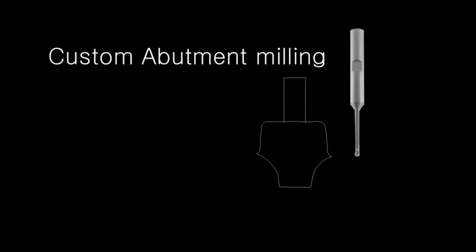Now let's think about how a custom abutment is milled. A little shaft is remained during the milling process. There could be a little margin of error in the data, and this shaft is purposely cut off afterwards. It would be nice if this thing fit exactly, but in reality, this is not always the case.